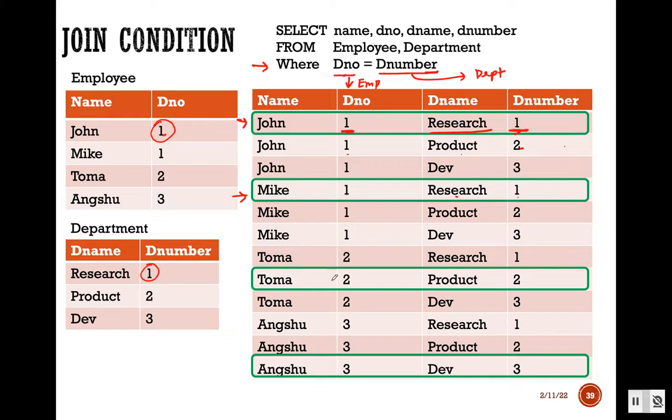Toma works in DNO 2 and here we have D number 2, which is product. Angshu works in DNO 3 and here we have the same D number where the D name is development. But for all other records they are not the same. 1 is not the same as 3, 1 2, 1 3, 2 1, 2 3, 3 1, 3 2. For all other records the DNO is not the same as D number.